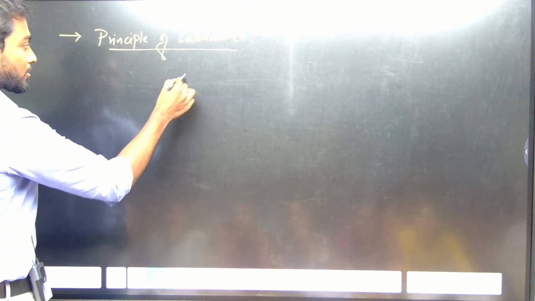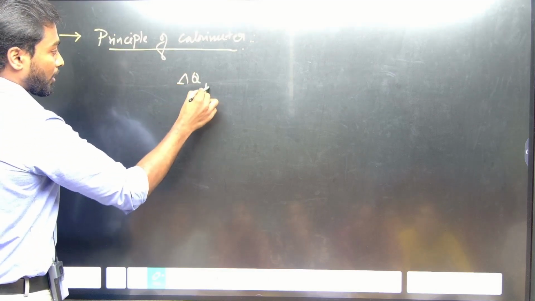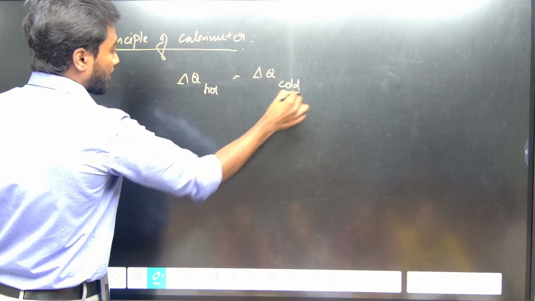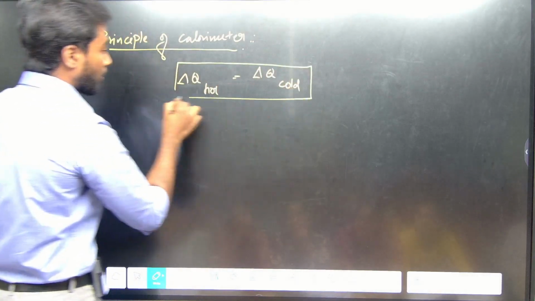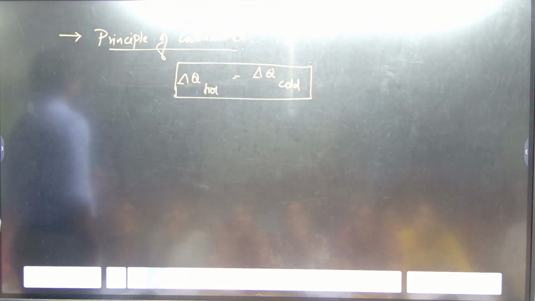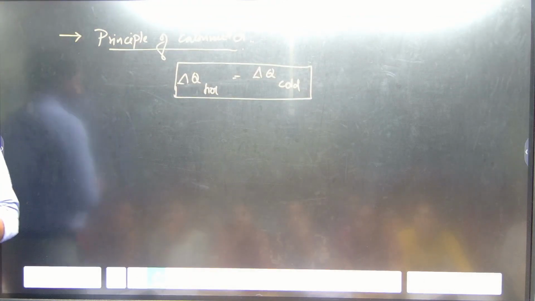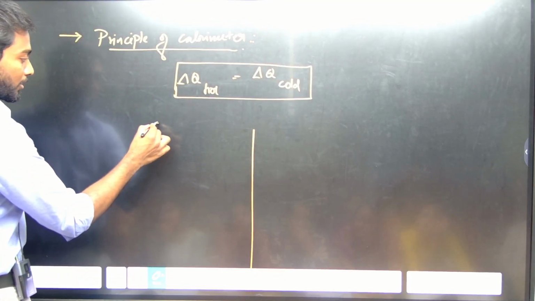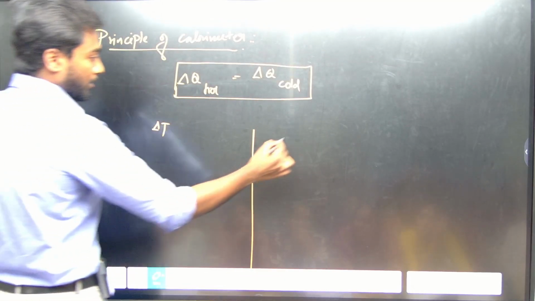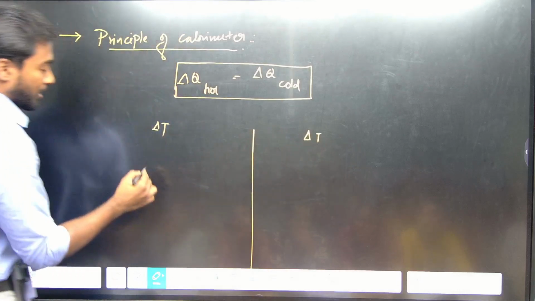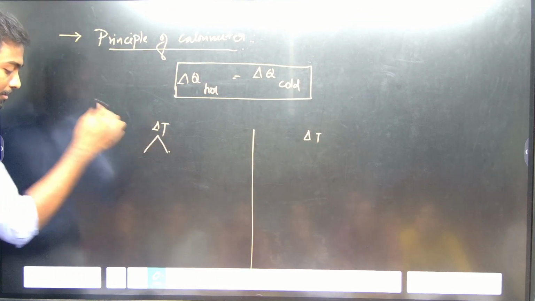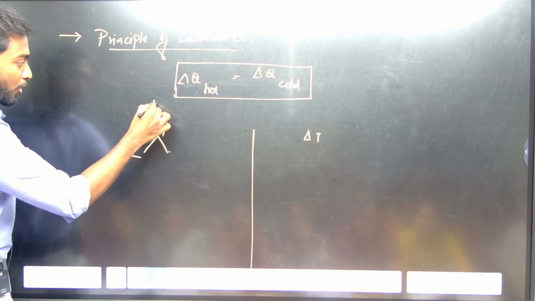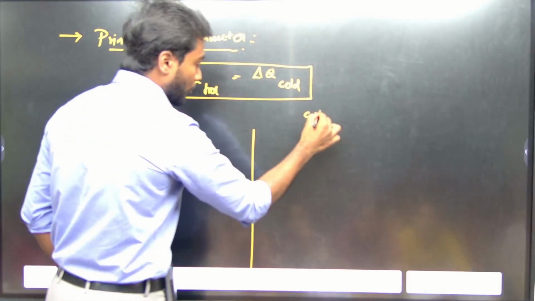So delta Q of hot body will be equal to delta Q of cold body. One is losing it and one is gaining it. That is the principle we are talking about here. Two conditions I will take: delta T, here also delta T, which is the change in temperature. This is for hot and this is for cold.